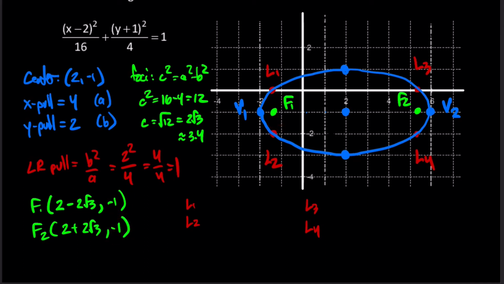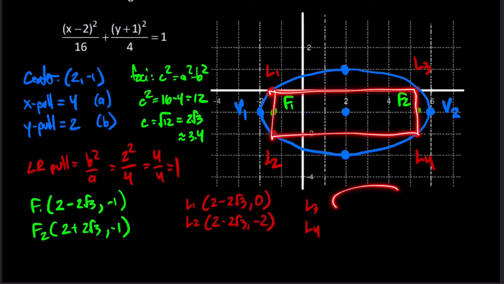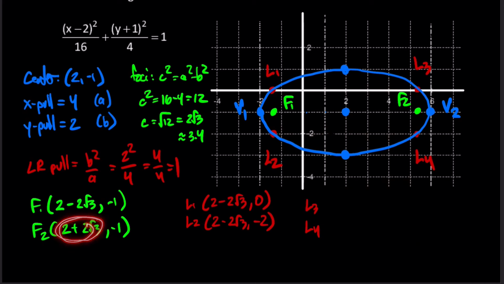So what I get there would be (2 minus 2 radical 3, 0), (2 minus 2 radical 3, -2). And then what's kind of nice, it's got symmetry, right? It's a rectangle. So for these coordinates, I'm going to take the 2 plus 2 radical 3, that's going to be the x coordinate on both, and then those y coordinates are going to be the same. So this is going to be (2 plus 2 radical 3, 0). This will be (2 plus 2 radical 3, -2).